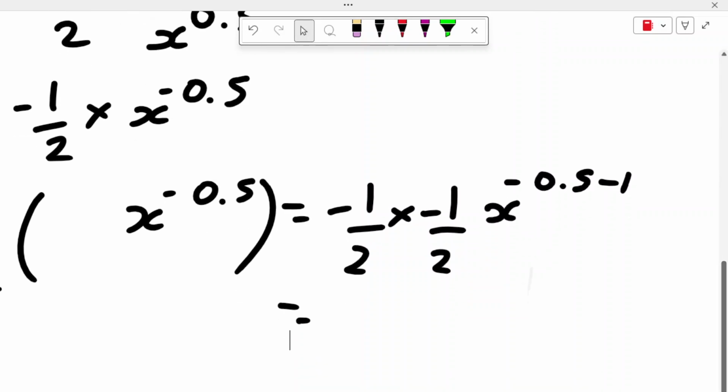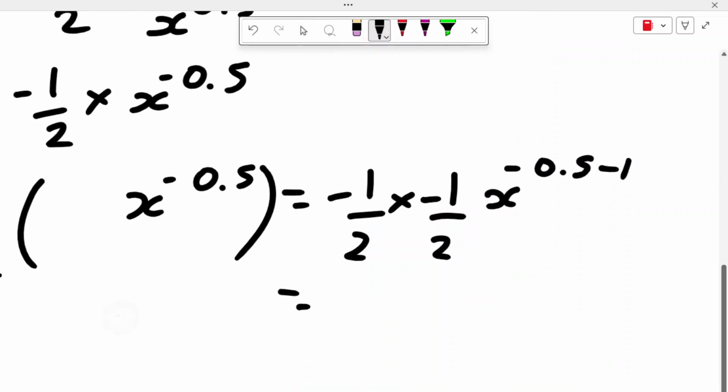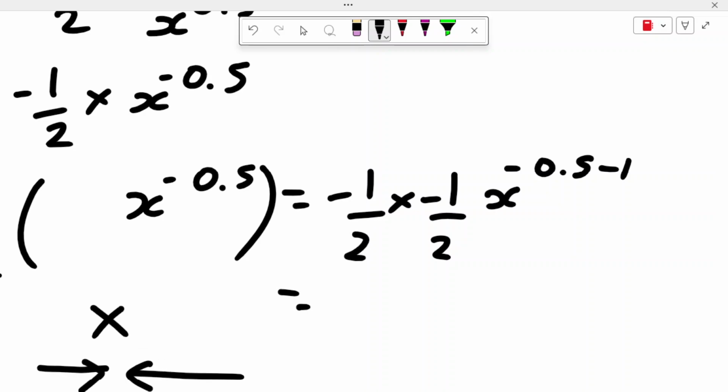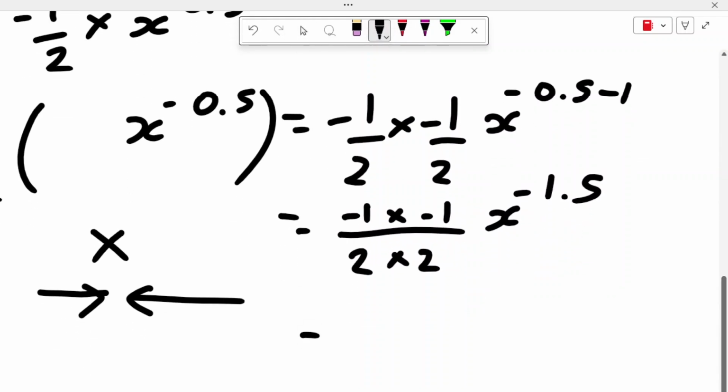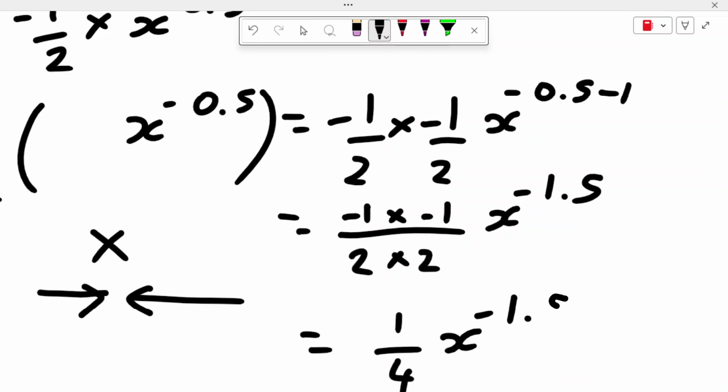So simplifying this, when it comes to timesing stuff, that times symbol is like 2 arrows. So we can say that it becomes -1 times -1, 2 times 2. And that's really like saying 1 divided by 4. Now you can probably leave it here.